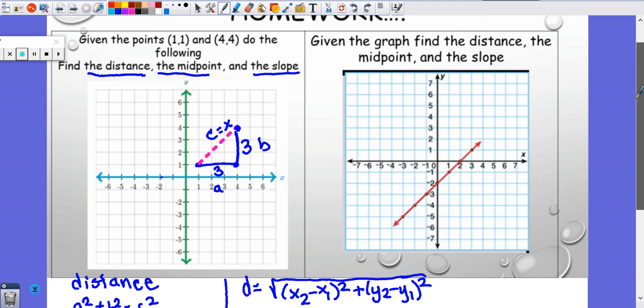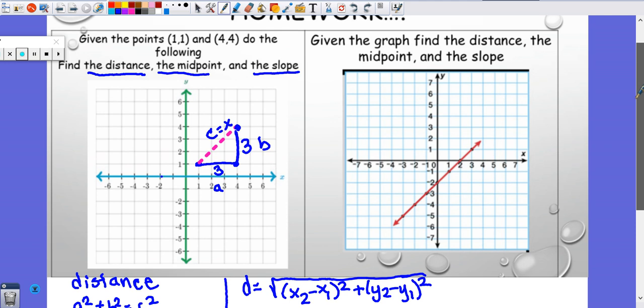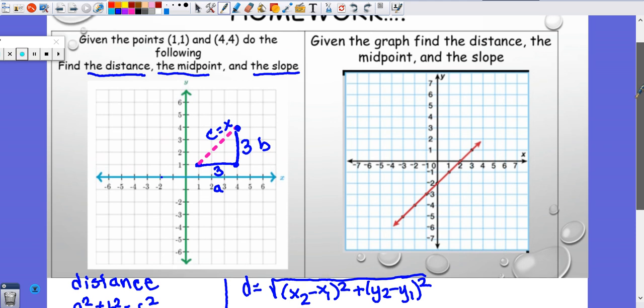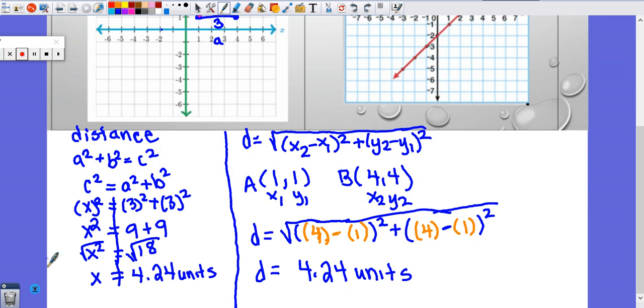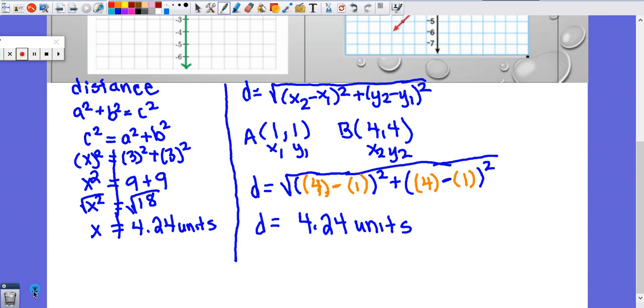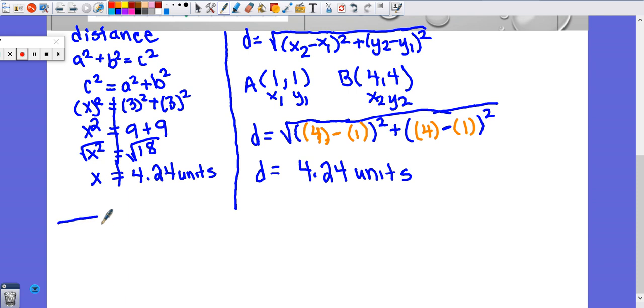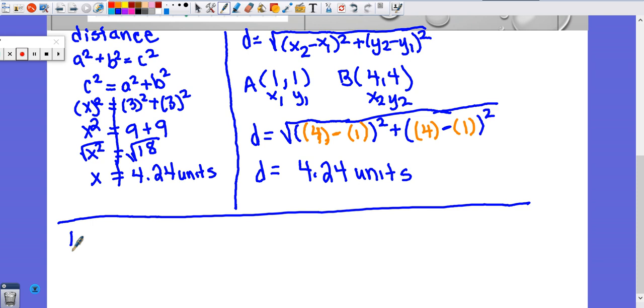This question says find the midpoint. So let's talk about what midpoint means. Midpoint means exactly that, midpoint, middle point. So if you look at this here, we want to find the middle of this line. So I'm going to go down here, and we're going to find midpoint next.